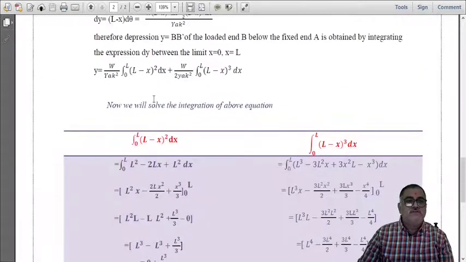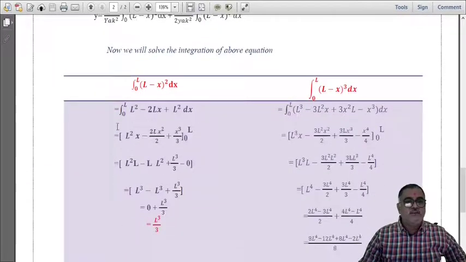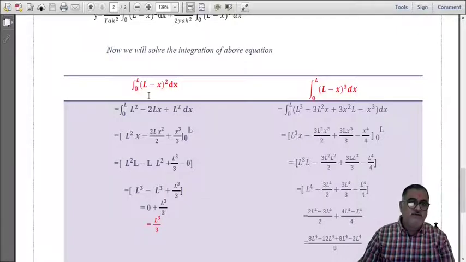First we will see the integral of (L minus x) square into dx between the limit 0 to L. See, integral of (L minus x) square, this is the case as in the last, when we were finding the depression when the weight of the cantilever beam was ineffective.